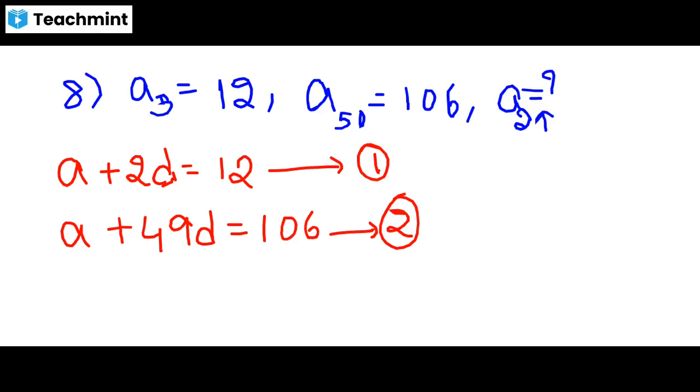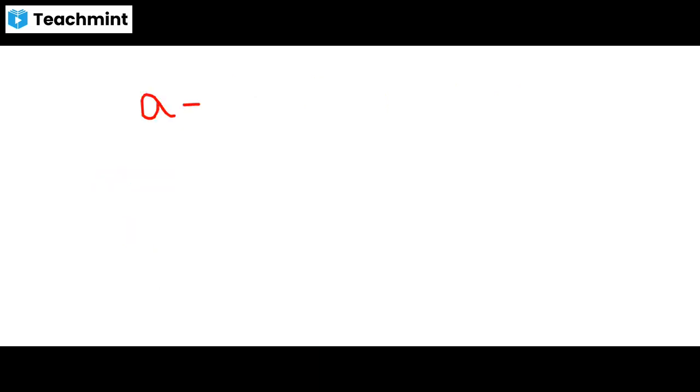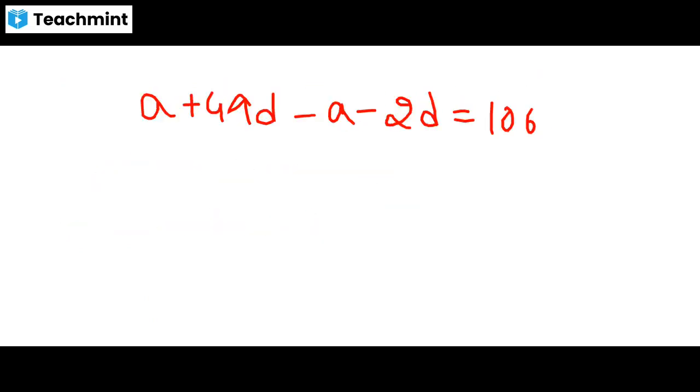Subtract equation 2 minus 1. Yes, subtract 2 minus 1. So what should I write first? A plus 49D minus A minus 2D, that is equal to what we got, 106 minus 12.